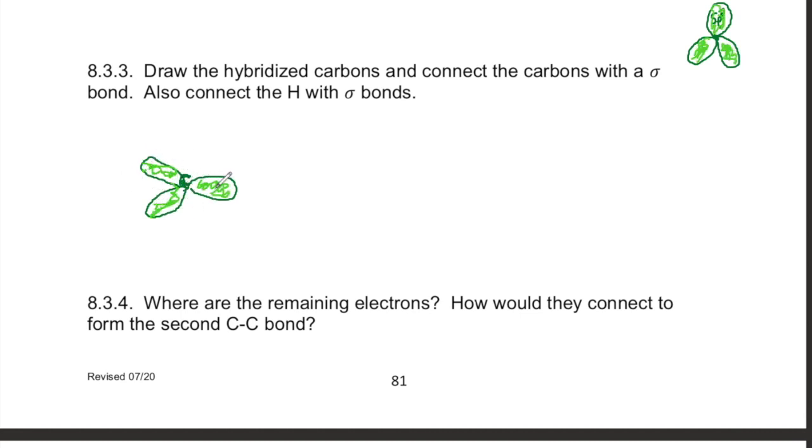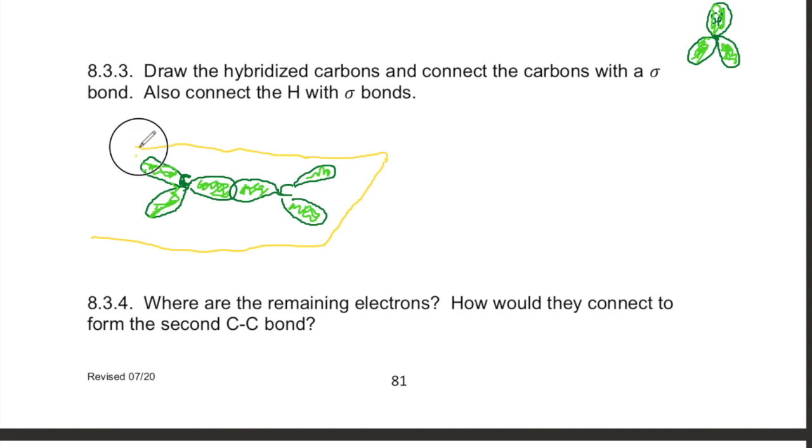And these 3 lobes are the sp2 hybridized orbitals. Let's make the other carbon also look like this. So all of these lobes, these sp2 orbitals, are in this plane. I'm going to try to draw this like a table. Like these are 2 pizzas lying on a table. They are flat inside this plane.